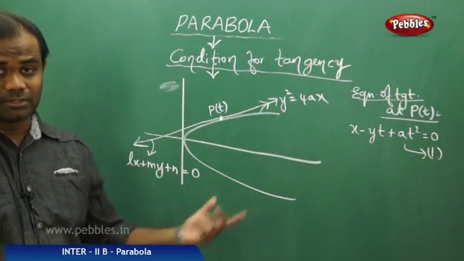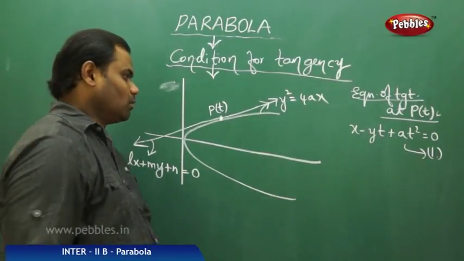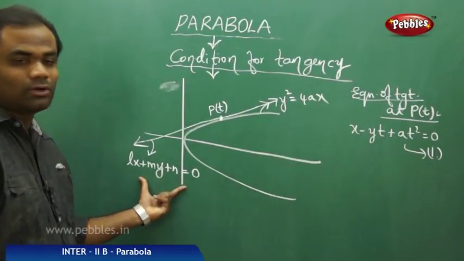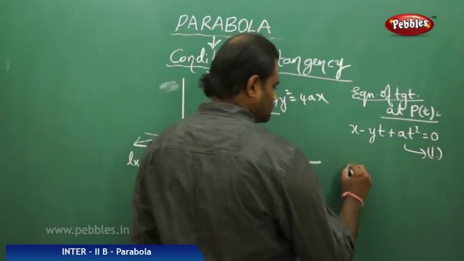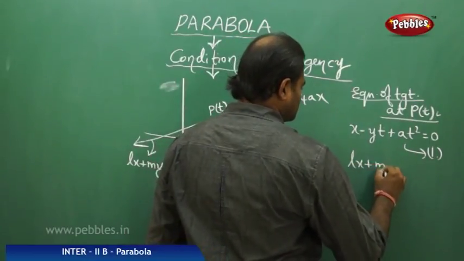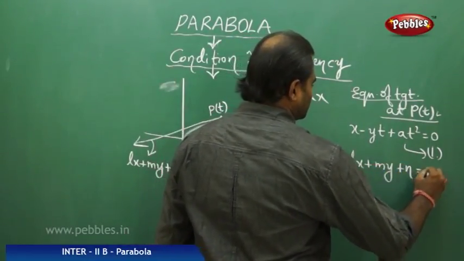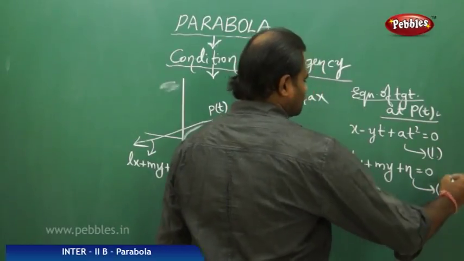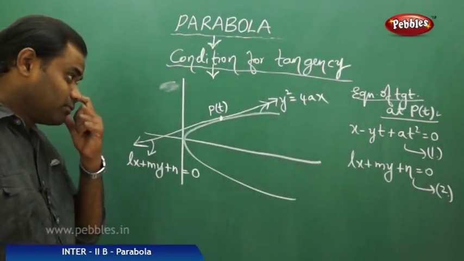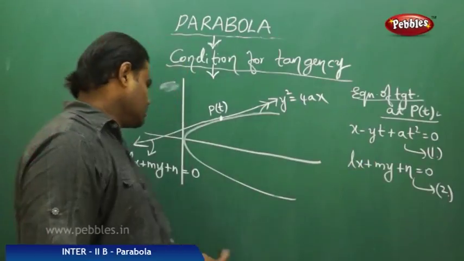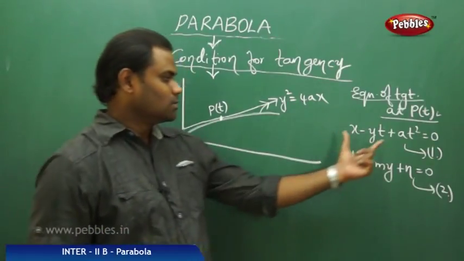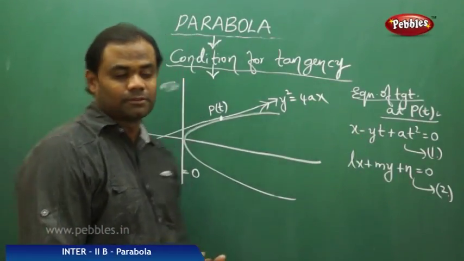We have already discussed this as the formula. Now the equation of tangent is already given to be Lx plus my plus n equal to 0. Now since the parametric form of tangent is this and the equation of tangent given is this, both represent the same tangent.